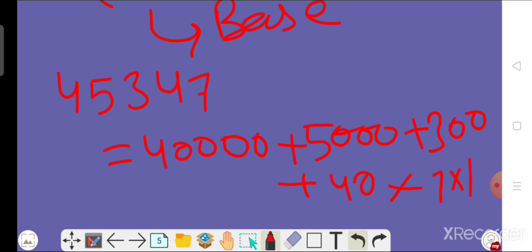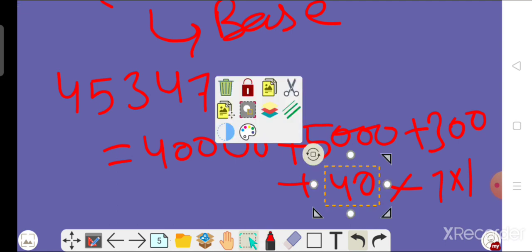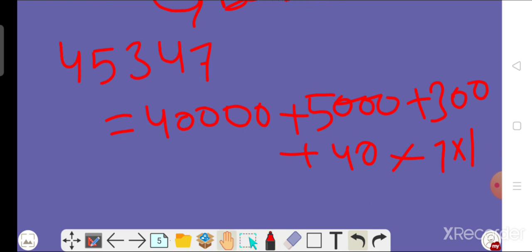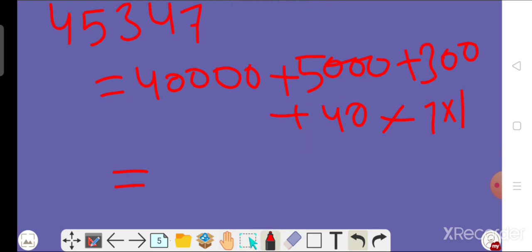Okay, to represent this number into exponential form beta, what we have to do is count the number of 0, 1 2 3 4, and write 4 as it is and multiply 10 raised to the power 4, and 4 is the exponent.